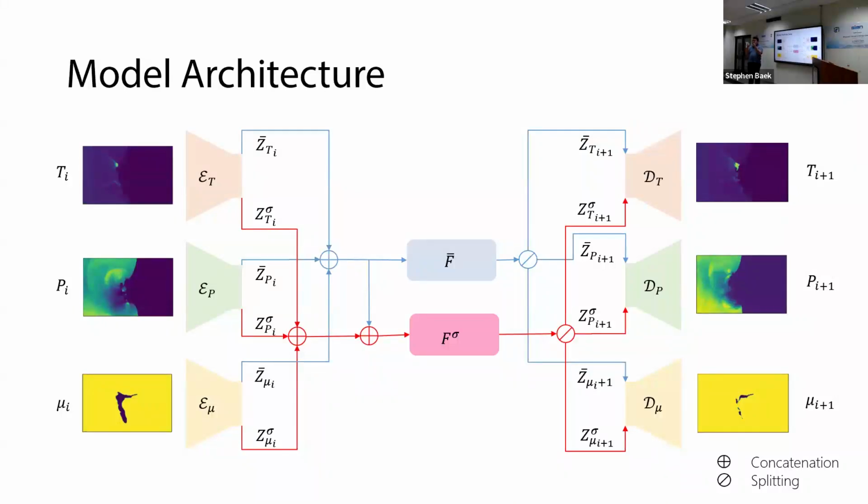Those two different Z's, we want them to be the same. So that is another loss function introduced for the training. Using those two loss functions, we want the reconstructed temperature, pressure, and microstructure to match the ground truth, and also the predicted Z to be consistent with the encoded Z. Using those two as the loss functions, we train this model.